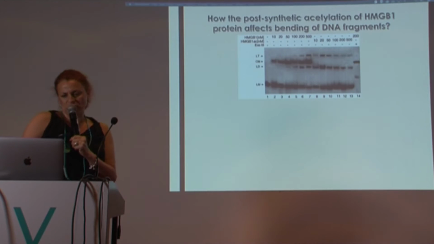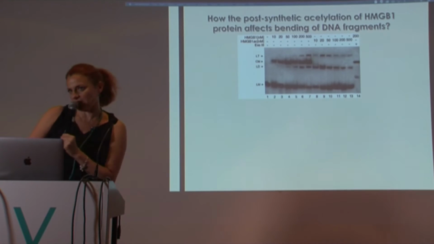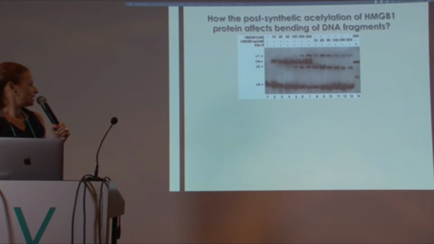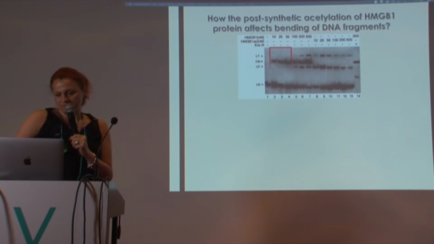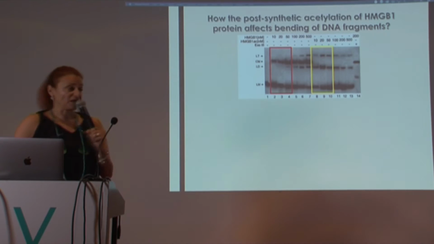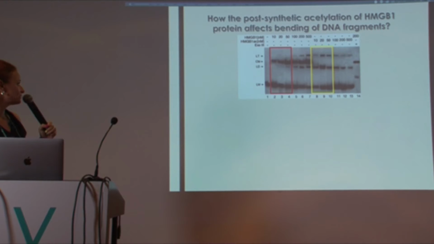So our next question was how post-synthetic acetylation influenced the possibility of the protein to interact with linear DNA. And we were happy to see that there is a big difference actually.